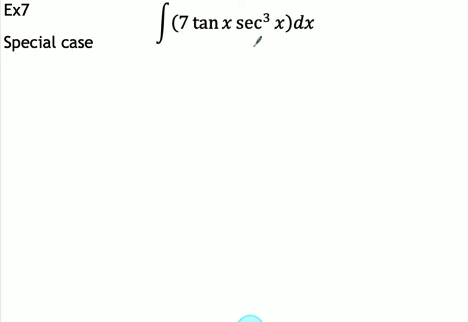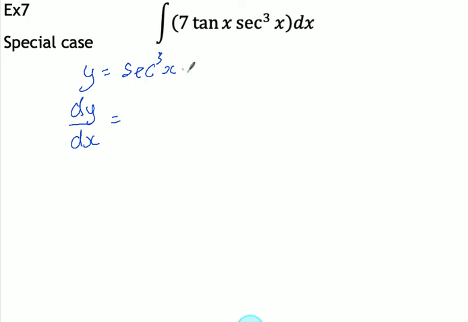If we differentiate sec, it still contains a sec term. So therefore, this time, when we're trying to guess what we need to differentiate, instead of using sec to the power of 4x, we're just going to stay with sec cubed x. And you'll see why in a moment when we differentiate sec cubed x.